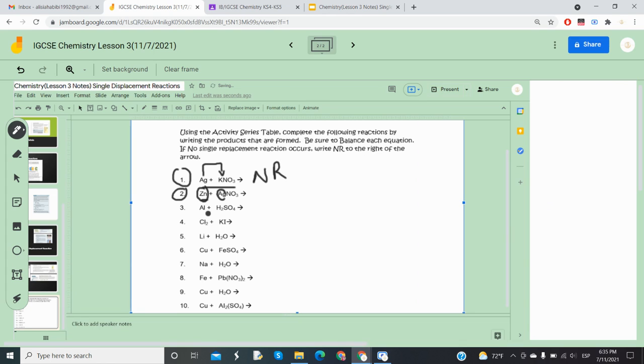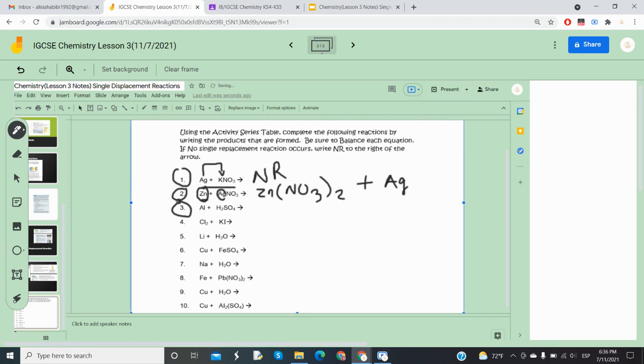So if zinc displaces silver, we are going to form the compound Zn(NO3)2, that is zinc nitrate. Guys, if you're wondering how I'm getting all of these chemical formulas, please go and watch the first video tutorial where we learned how to create or derive chemical formulas. So zinc is going to displace silver and form zinc nitrate, and of course silver is going to be displaced.